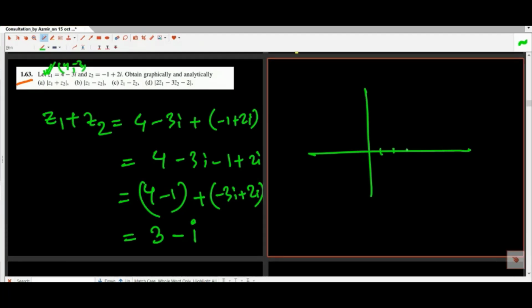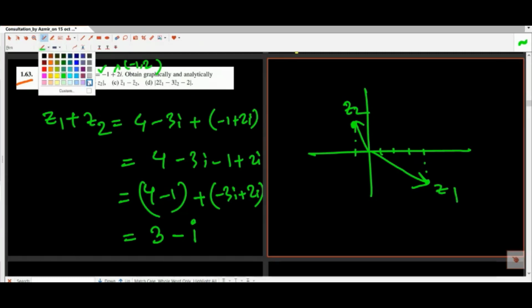That is 1, 2, 3, 4, and 1, 2, 3, negative 3. So this point is here. Negative 1, positive 2: negative 1, then 1, 2. The point is here. It is z2, and this is z1. So we can think about a parallelogram.